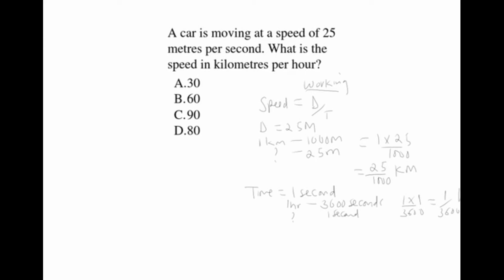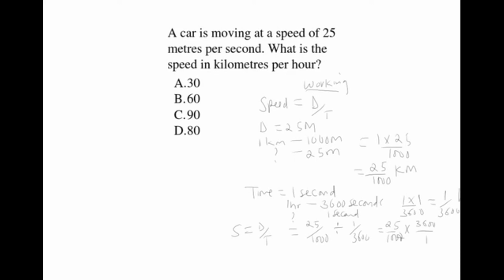That one is hours. So we have speed equals distance over time. Our distance is 25 over 1000. We divide by 1 over 3600. So we get 25 over 1000. Then we change the sign to multiplication and we take the reciprocal of 1 over 3600. We'll have 3600 over 1.